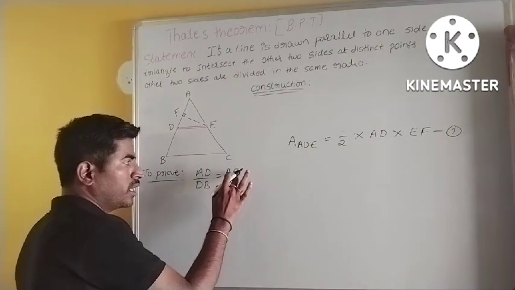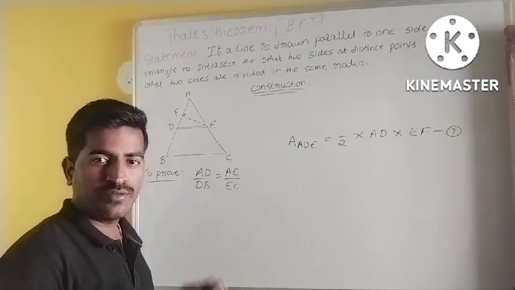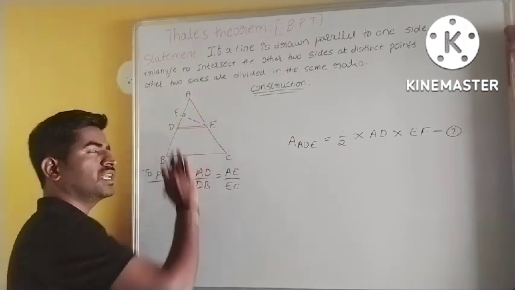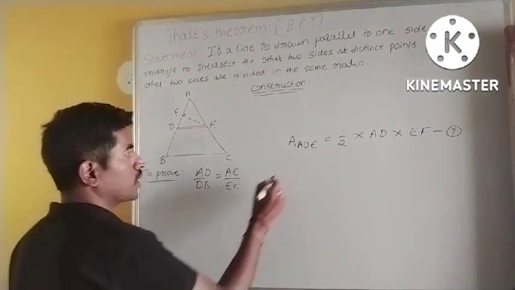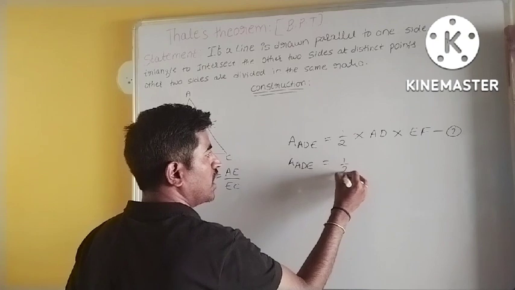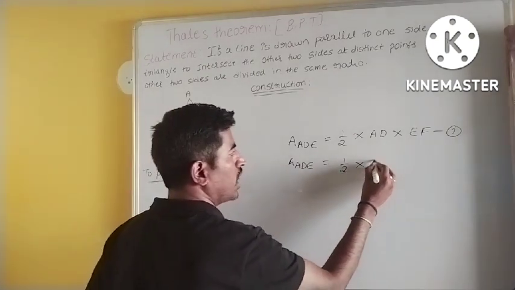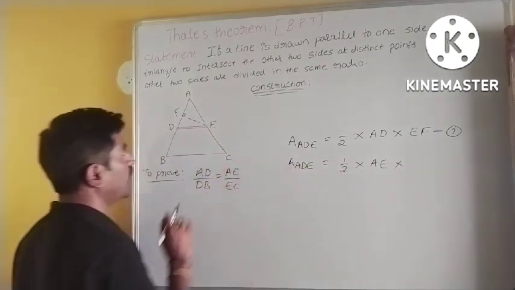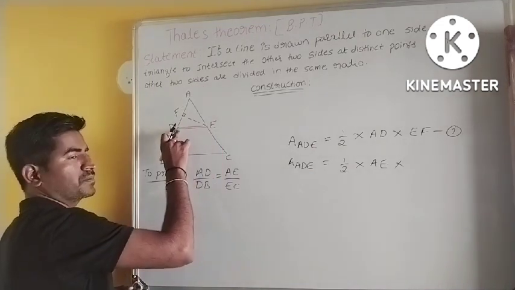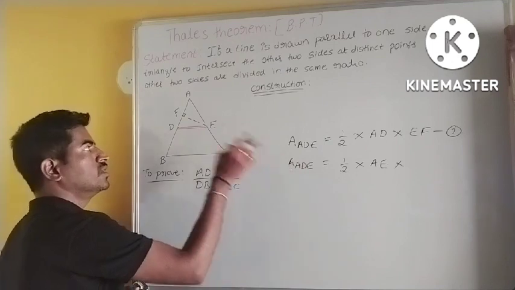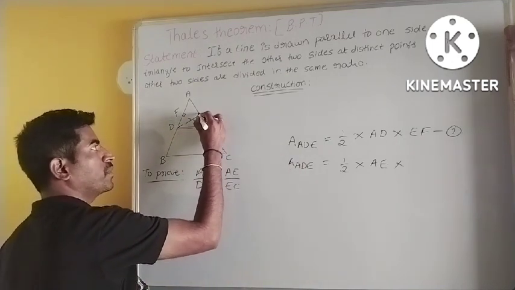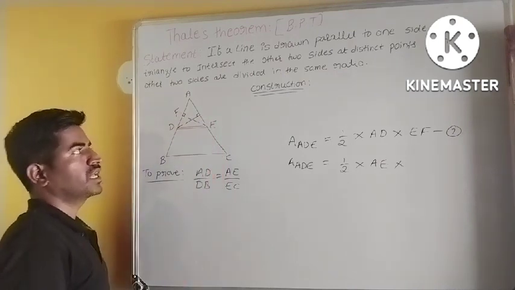Okay, next. Now I want AE as the base. Which area do I need to consider? Again, the area of triangle ADE only. So in the same triangle ADE, it is half into base AE, and what is the height? If I take AE as the base, the remaining vertex is D in triangle ADE. So from D, I need to construct one more line which is perpendicular to the base AE.